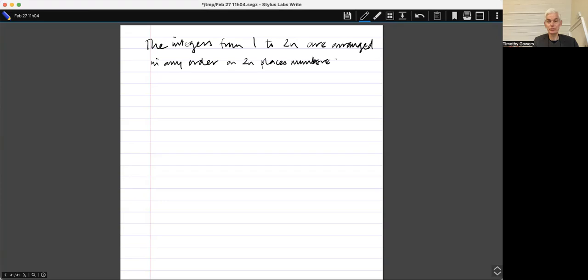So we have a permutation of the numbers from 1 to 2n. Now we add its place number to each integer.